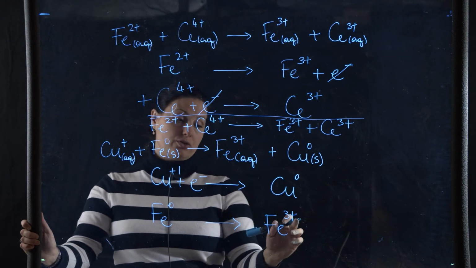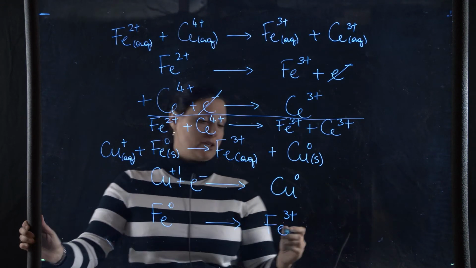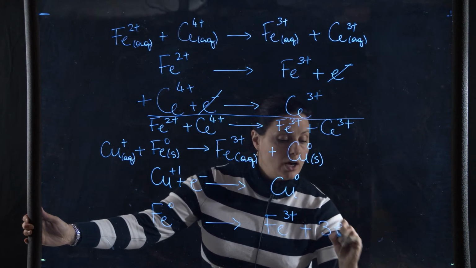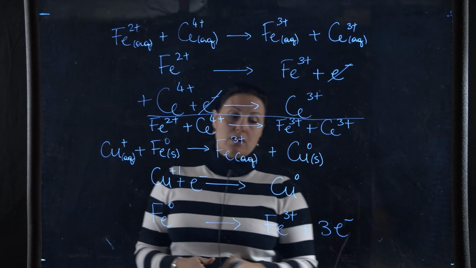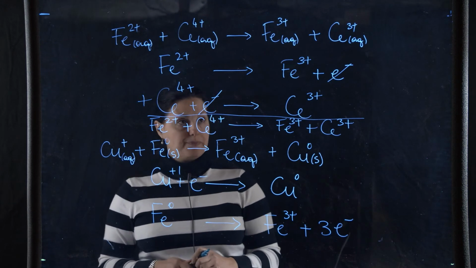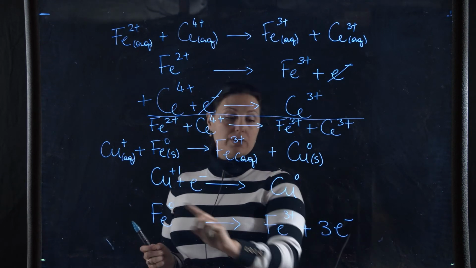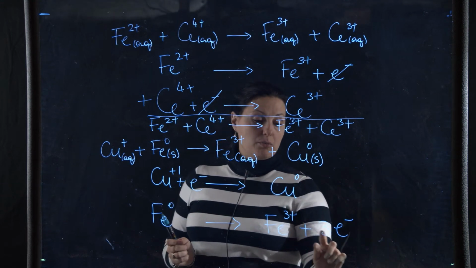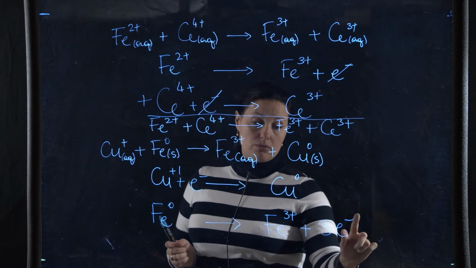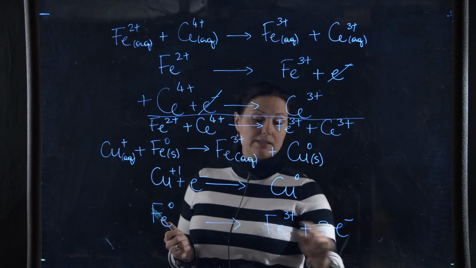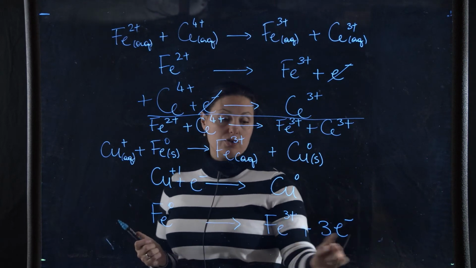It goes from 0 to 3, which means it loses 3 electrons. And I can write them on the product side if they're losing the electrons. Now let's take a look at the charges on both sides. I have 0 here, 3+ and 3 minus, so 1 minus for each electron, but I have 3 of those, so 3 minus plus 3 gives me a 0 charge over here.